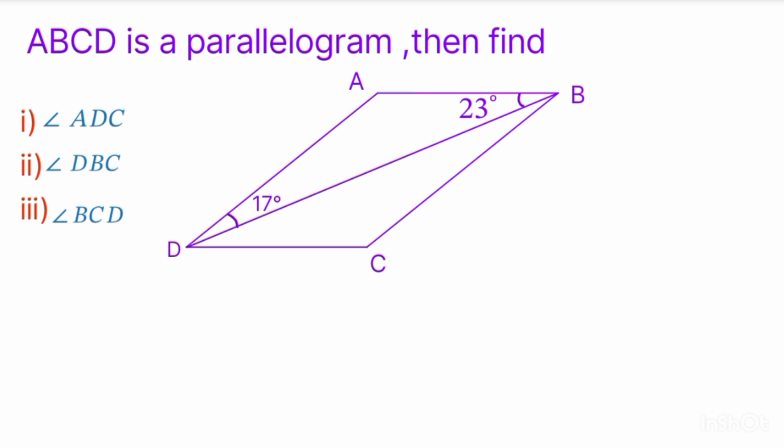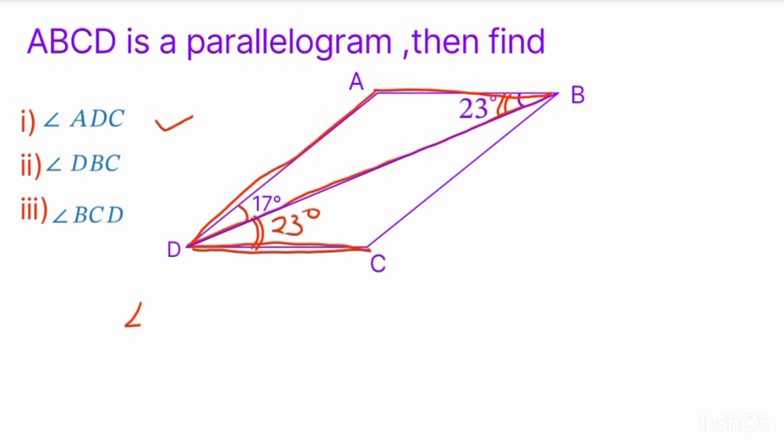First we have to find angle ADC. ADC, this total angle, from here to here. This angle is given as 17 degrees. Now AB is parallel to DC and DB is transversal. So this angle will be equal to this angle, that is, this angle is 23 degrees.